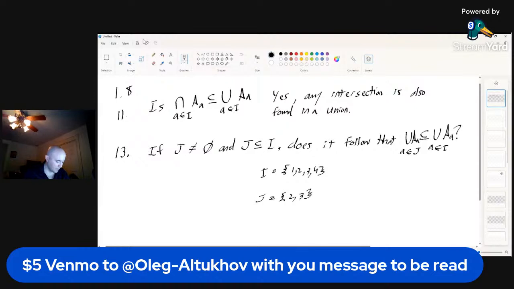If A sub A is a set for every A in the same index set I, which is not empty, then the union is for at least one set X, so there's a set X that contains A sub A for at least one A in I, because I is not empty.